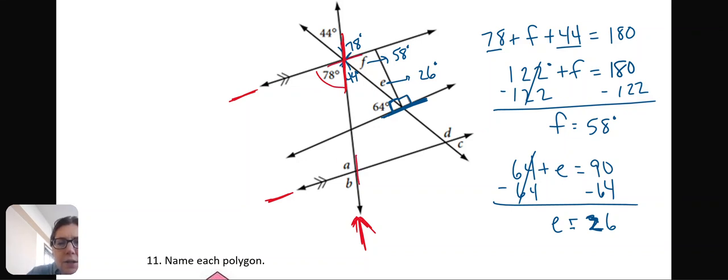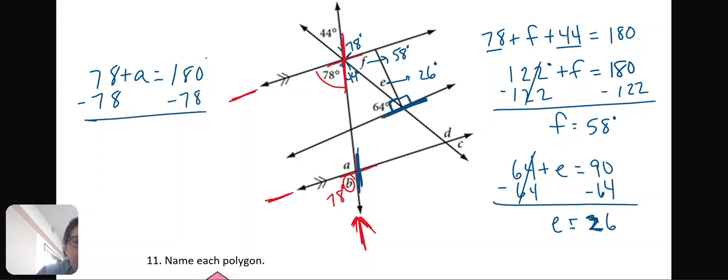So if I go down to this intersection, the bottom left is angle B. So this is 78 as well. And then 78 and A make a straight line. So 78 plus A equals 180. So minus 78. So A is 102.